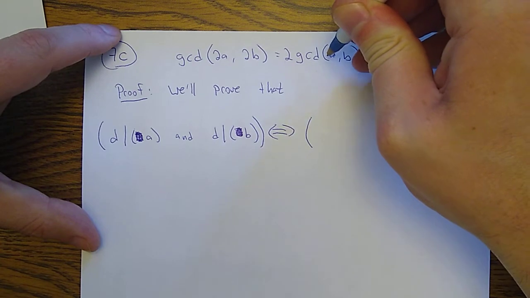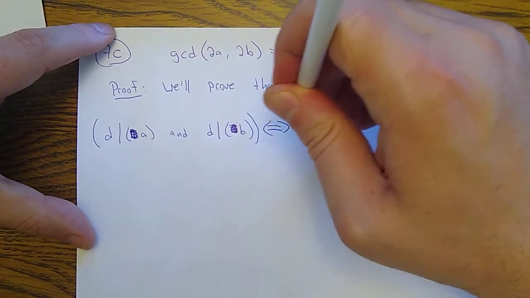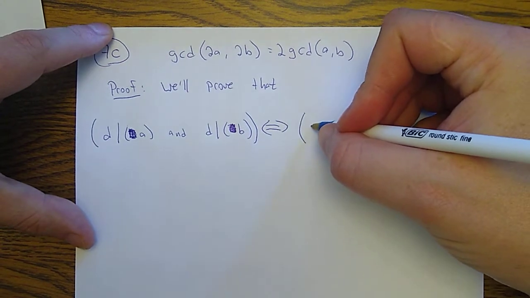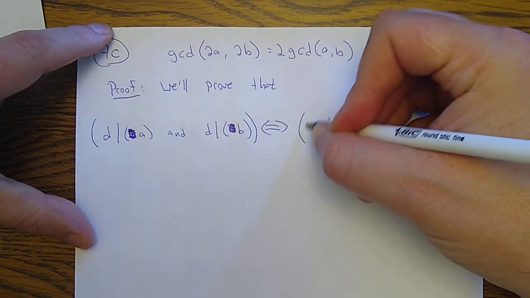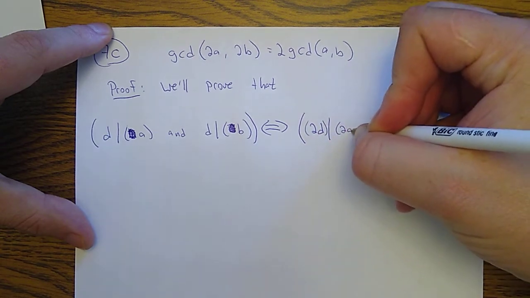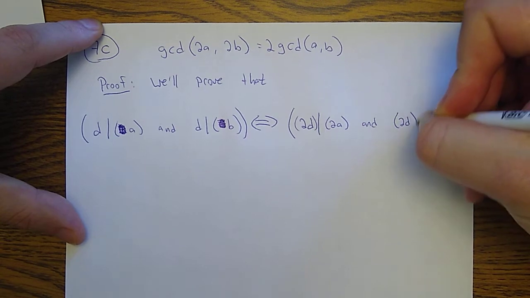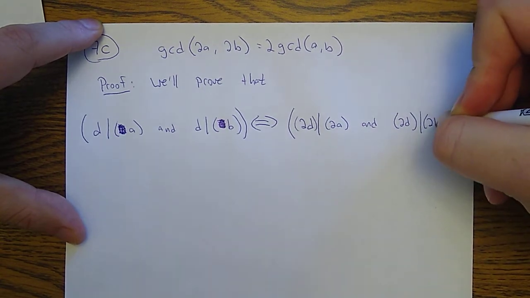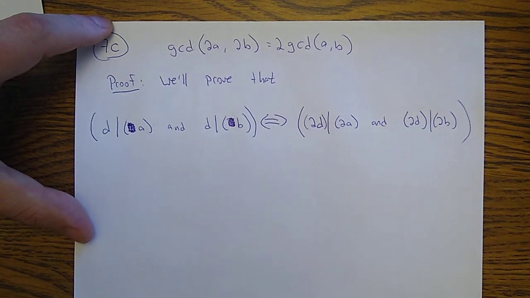So D is going to be a common divisor of A and B, and then I'll show that that's logically equivalent to saying that 2D is a common divisor of 2A and 2B.